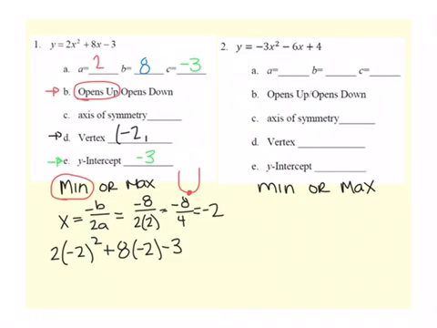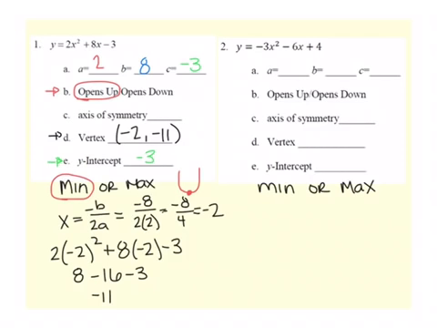But remember, if you do it piece by piece, you have to do exponents first before you multiply. So we actually would need to do the -2 squared first and then multiply it by 2. So you would end up getting 8 minus 16 minus 3. So I would end up getting a -11, and that would be my y value of my vertex.